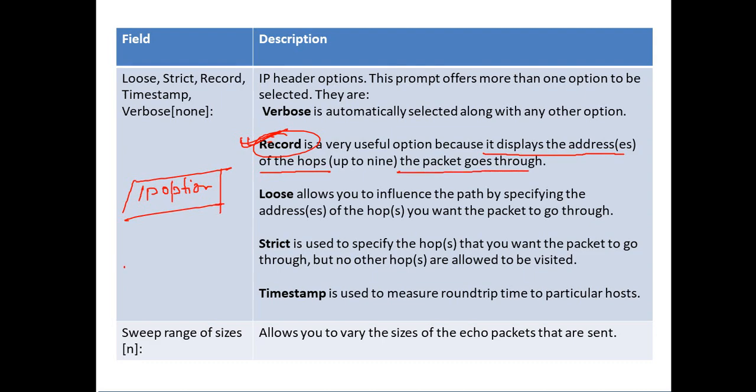Which means if R1 takes this path to reach here, R1, R2, and R3, and R3 takes another path to reach R1, right? Which is basically asymmetric routing. So we cannot figure this out by using the traceroute command, because traceroute goes from my local router, the source, to the destination.